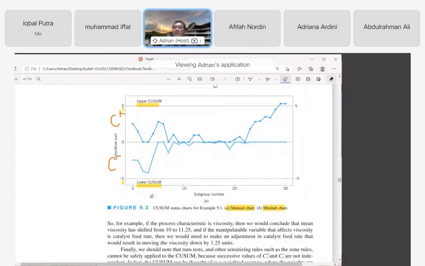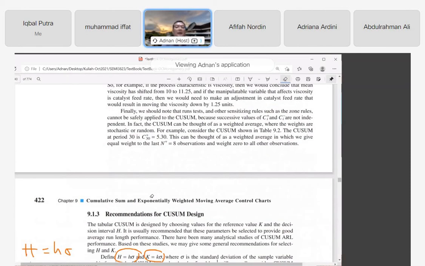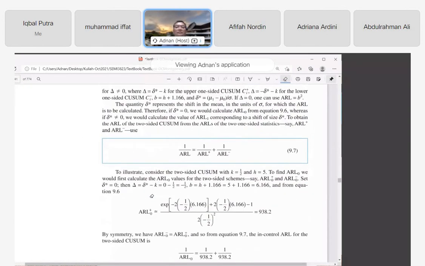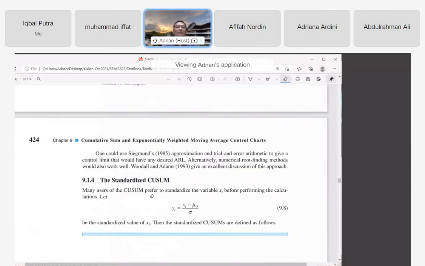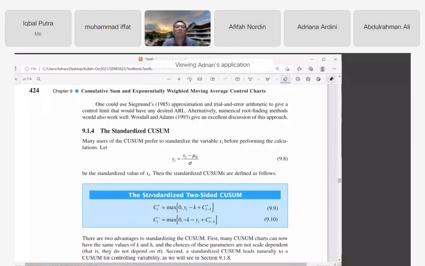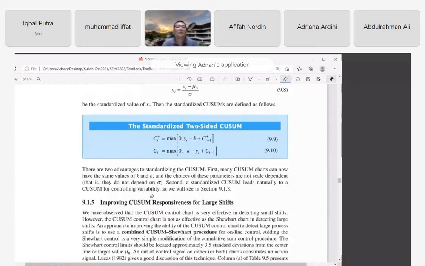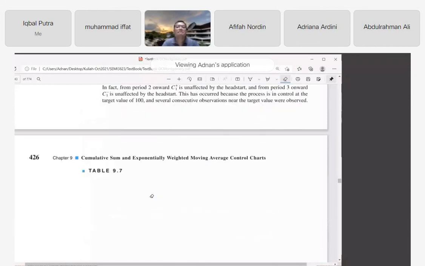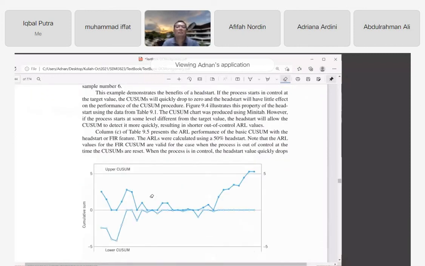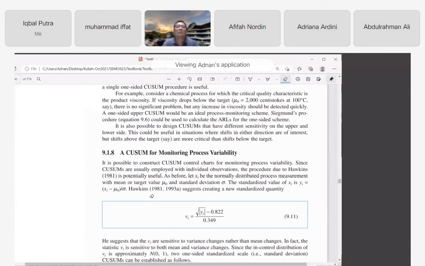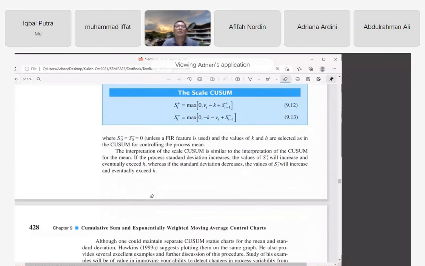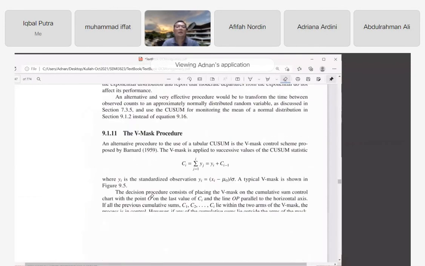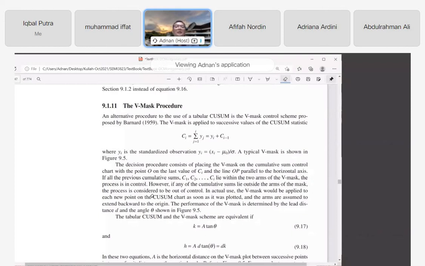Another type of Q sum we call the V mask procedure.